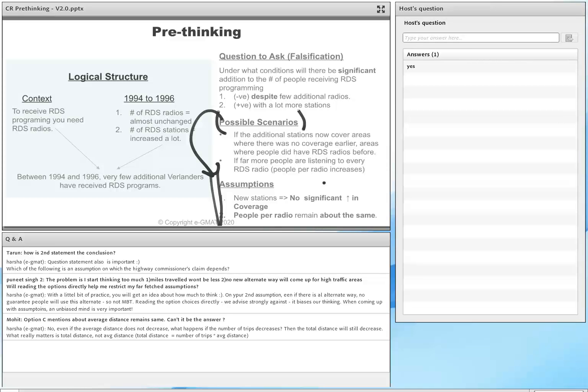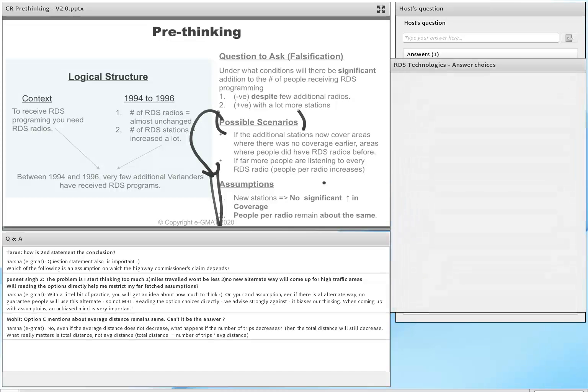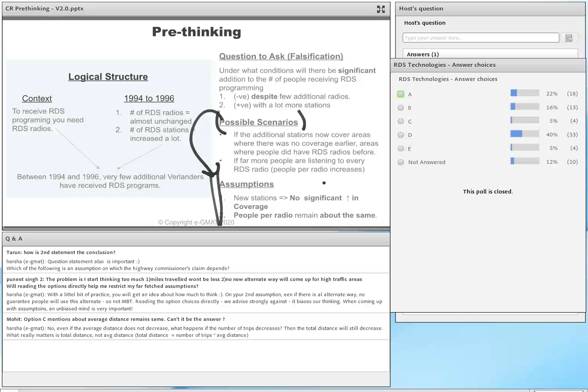I want to bring in that poll. Yeah, I found it here. Yes. Here is how you guys polled. Sorry about that.